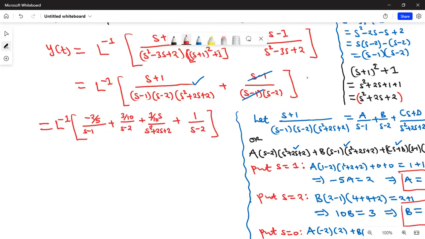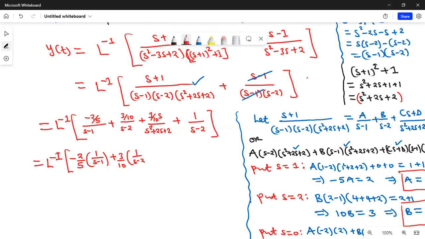See, I have S minus 2 appearing twice in the denominator, so we can combine those so that we have L inverse of, let me write this as negative 2/5 into 1/S minus 1 plus 3/10 into 1/S minus 2. But you see, I can combine with the other one. So plus 3/10 plus 1, we can work out that 3/10 we are adding to 1.